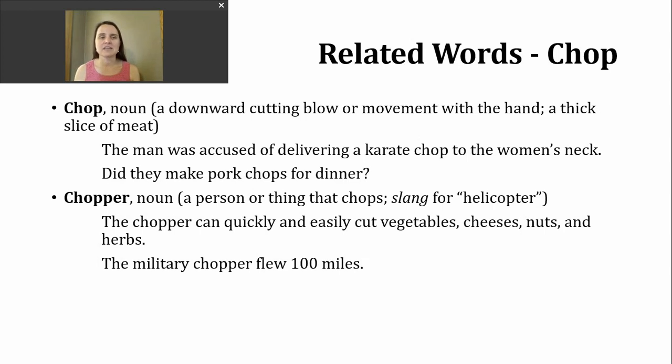So might think of it kind of like this, right? So here's an example sentence. The man was accused of delivering a karate chop to the woman's neck. So this might be describing something that was in a movie or could be an actual event as well. Hopefully not for the sake of the woman, because that would probably hurt.